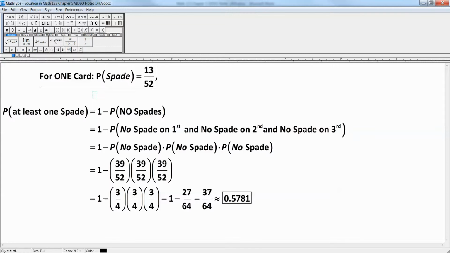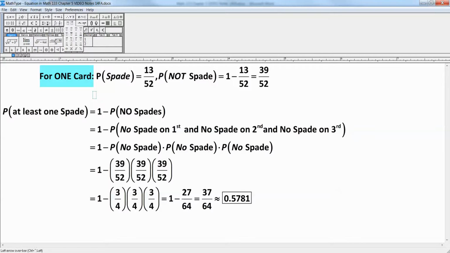So the probability of not a spade is 1 minus 13 out of 52, and that's equal to 39 out of 52.